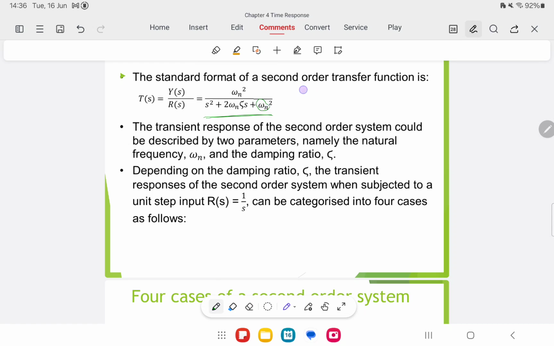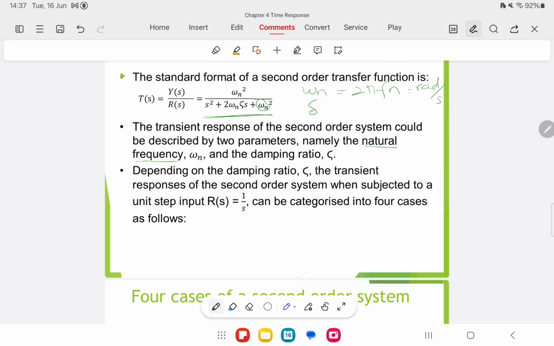Omega n and the zeta value. The omega n here you read as natural frequency. Omega n equals 2 pi f n. Since it is a frequency, the unit is radian per second.